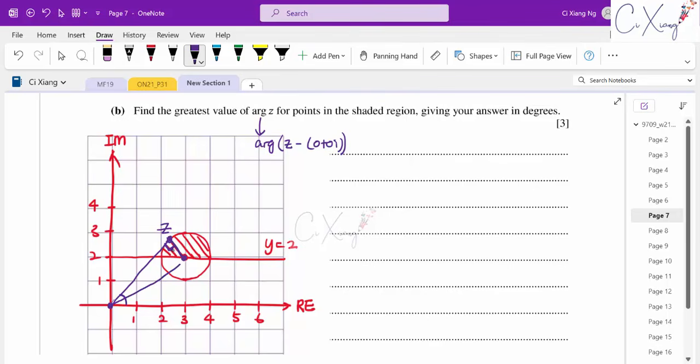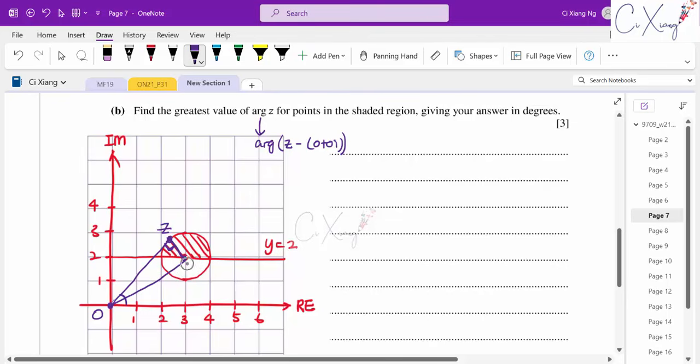If I connect (0, 0) and the center, you can see we have a right-angled triangle. To make the calculation easier, I will label the origin as O, the center as C, and this point as Z.